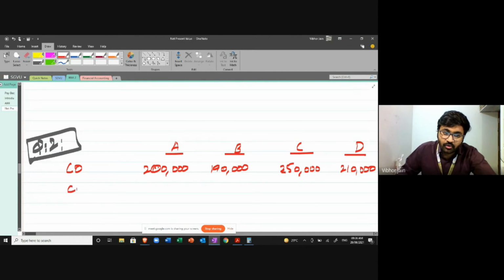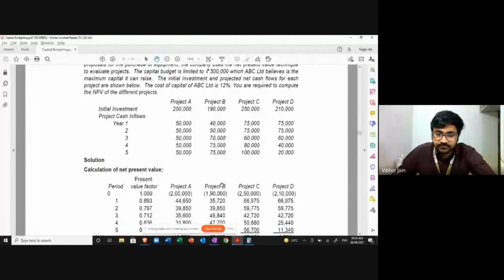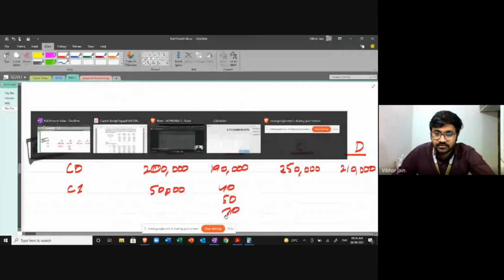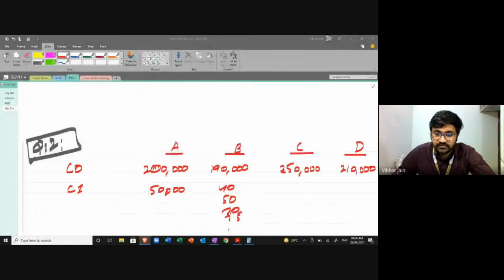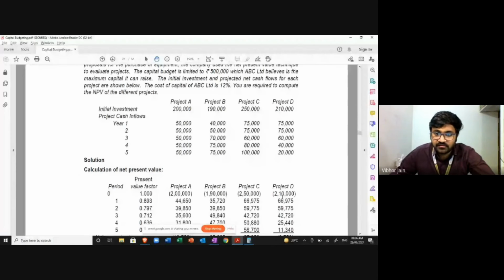Okay, what is cash inflow? It is 50,000, 40, 50, 70, 75, 75.